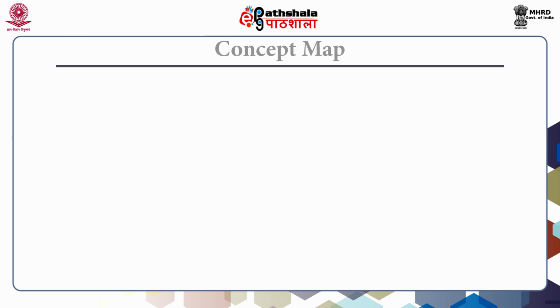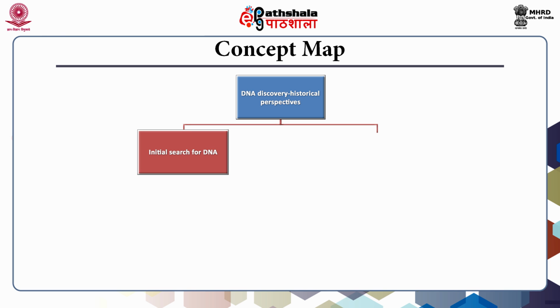This shows the concept map that will be followed in this lecture. We will first study briefly how the search for DNA or genetic material was initiated. Then we will look at some historical experiments that gave evidence that DNA is the genetic material.